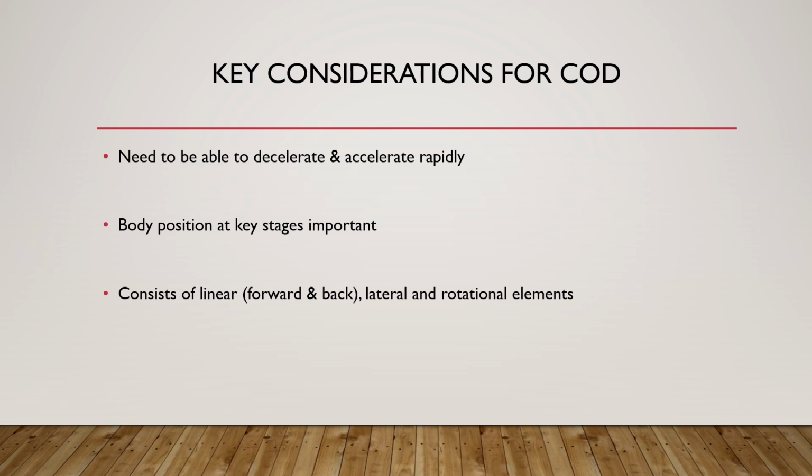And with these body positions, we need to think about the fact that it has both a linear, so forward and back, as well as lateral and rotational components. So we might be decelerating in a linear fashion initially before going into a lateral turn and a stance phase, combining then rotational elements as we finish the turn and as we re-accelerate out of that change of direction.